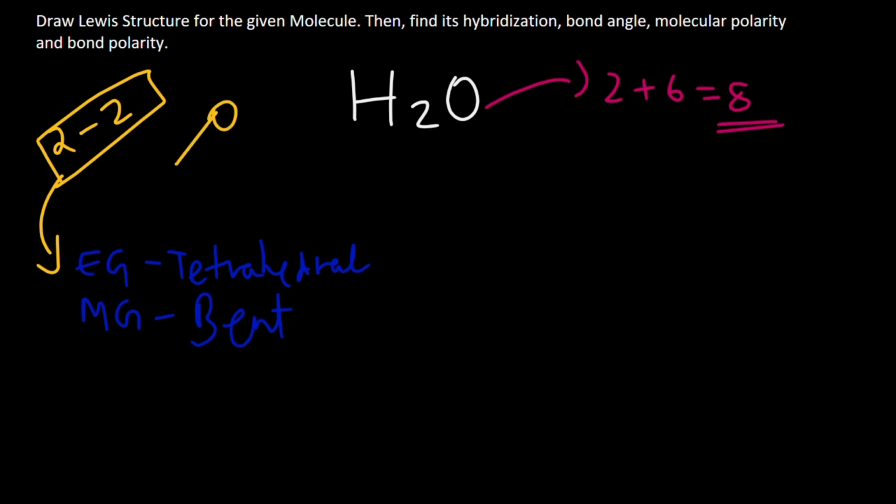Like this. Okay, this is how you draw it. So now we know that this is our electron geometry and molecular geometry. From this, what do you notice? You can say something about the bond angle from this information.